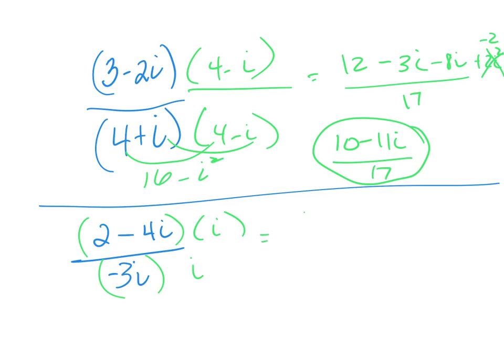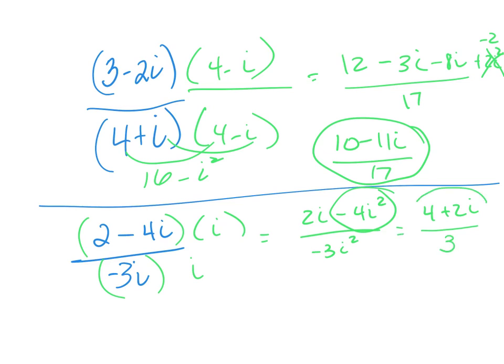This is going to be 2i minus 4i squared over negative 3i squared. So upstairs we get 4 plus 2i. Does everybody see where I got the 4? Because that's negative 4 times negative 1. And then downstairs, I have negative 3 times negative 1, so that's a 3. So that would be your final answer. You got your i out of the basement.